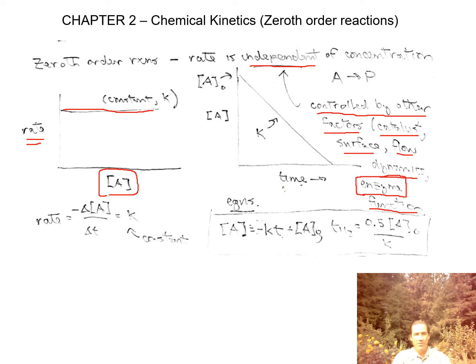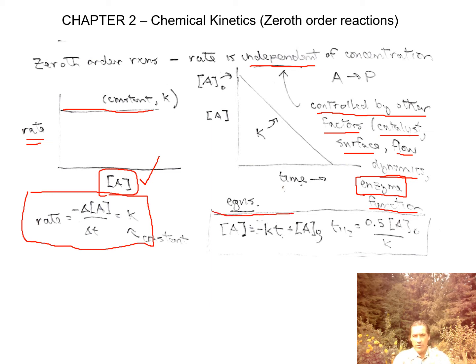But again, whatever the case, zero order, it's not affected by the concentration of the reactants. So we can write a rate law for a zeroth order as the disappearance of A over time equals a constant.